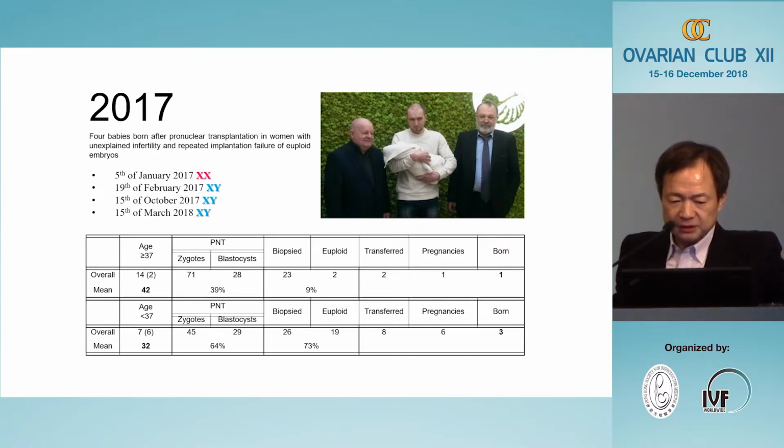This is one of the first uses of this technique. The technique used here is pronuclear transfer, which I will describe in the charts; it is much easier to explain.